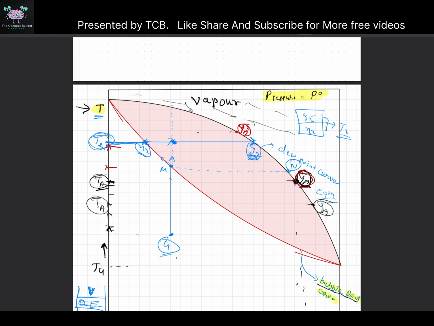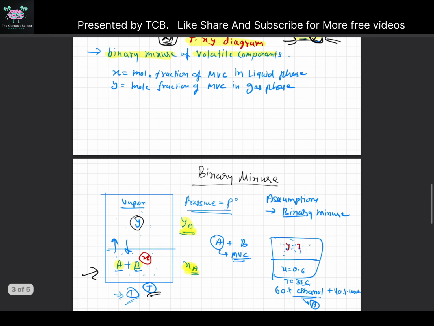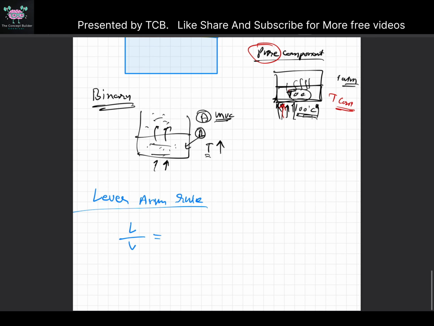So for example, let's say the value of X here is XA, here is Y2, as I already told you, and here is X2. So L by V is basically Y2 minus XA, basically the length of this line, divided by XA minus X2, basically the length of this. Okay, so this gives the actual liquid and vapor amount. In some questions in exams they may ask you this, so again I'm going to tell you here.